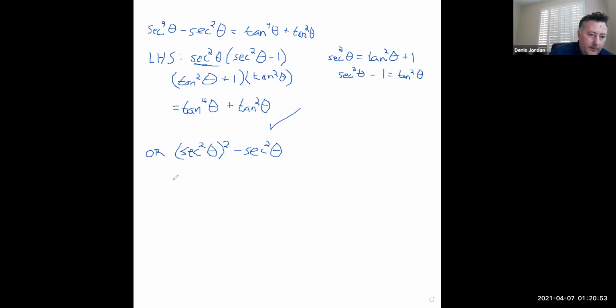So you could look at it that way. Like you didn't have to write it, but you could think it. And then you could switch out secant squared with tangent squared plus 1. Minus, and then switch out this secant squared with tangent squared plus 1.